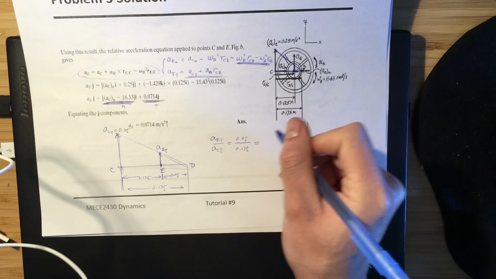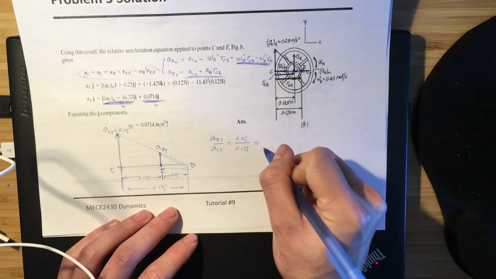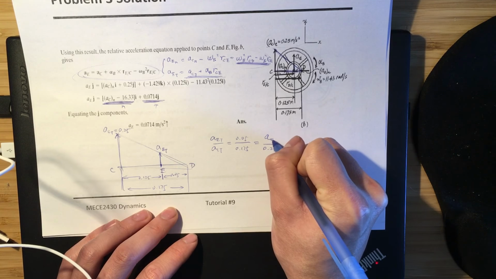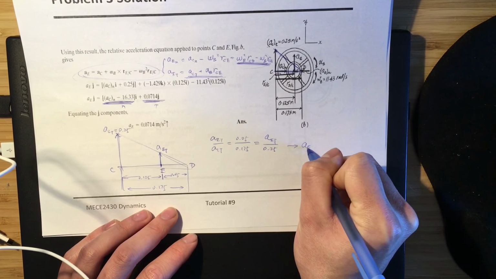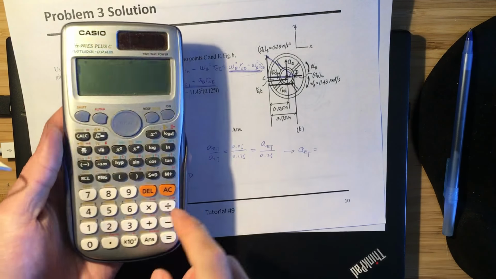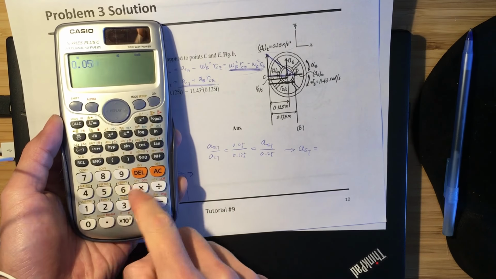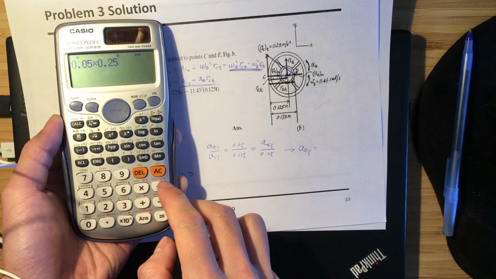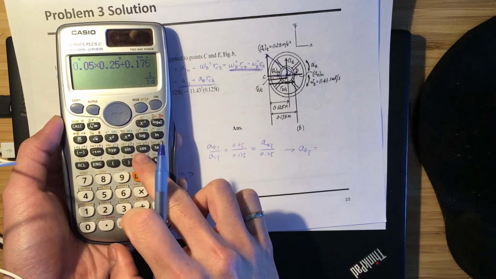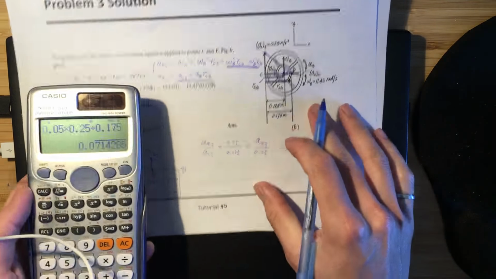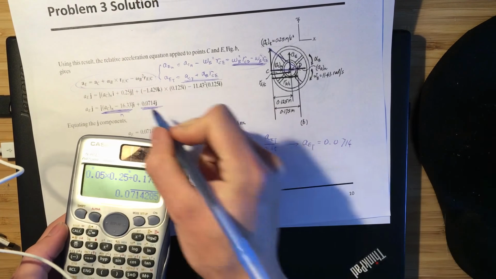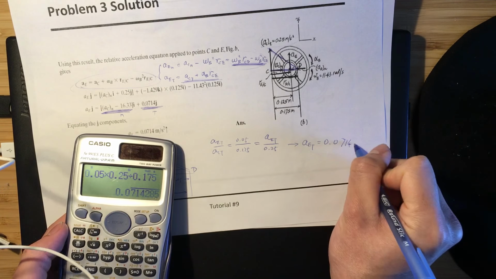And because ACT is 0.25, we can get AET is equal to, let me verify with my calculator, 0.05 times 0.25 over 0.175. Okay, let's see whether it's the same thing. Yeah, it's exactly the same. So it's 0.0714 in the J component.